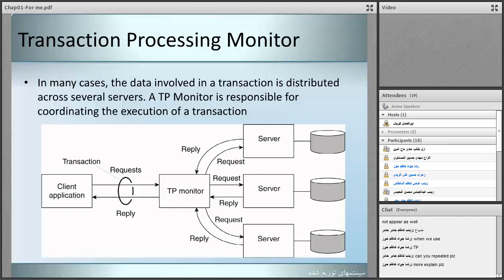We have only one transaction, but we need to access different servers. In this situation, we need a TP monitor, teleprocessing monitor. And I said to you that it is a control program that monitors the transfer of data between multiple local and remote terminals. Clear?